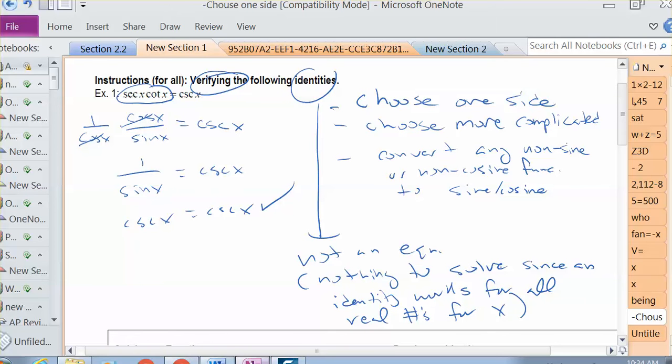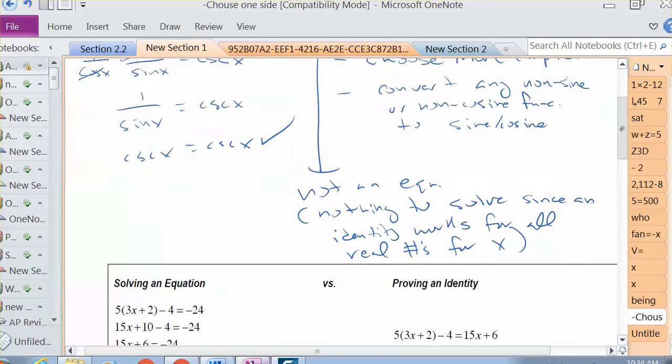So whatever your input is, x is our input, whatever you plugged in, the left side will equal the right side. And we'll actually have another discussion about that later in the video. But it's not an equation, mind you, even though you do see an equal sign. It's actually two expressions that are equal to each other all the time, regardless of what you plug in for x. But we just have to verify it because they do look different initially, and then we make them look the same. Hence, an identity, right? You show that they're identical. Hopefully that makes some sense.